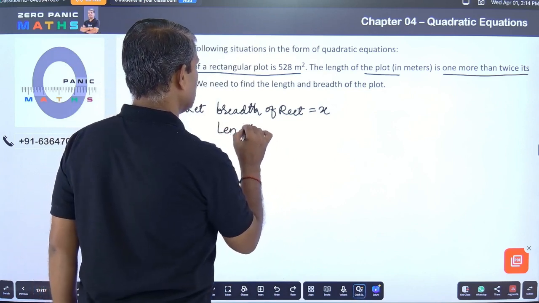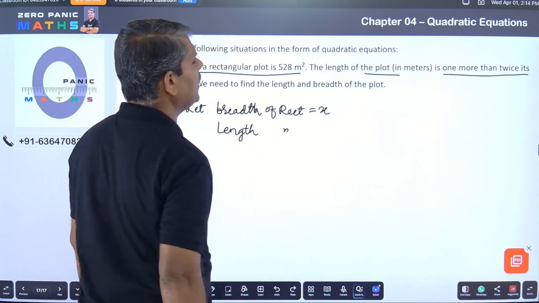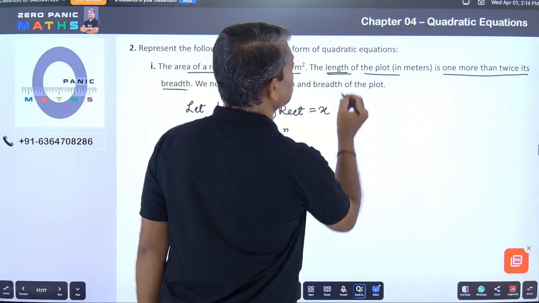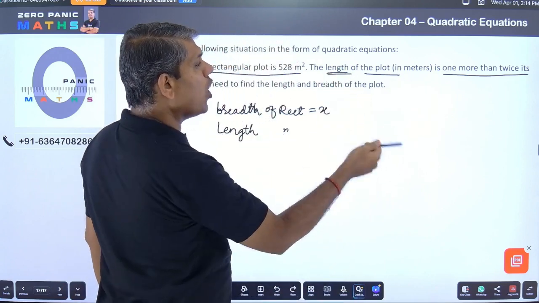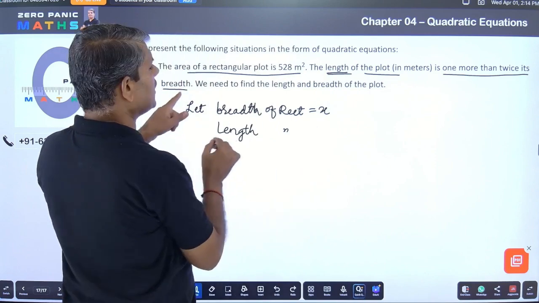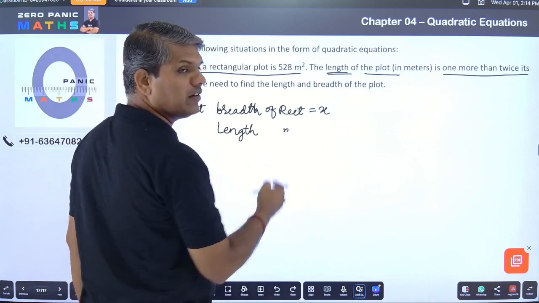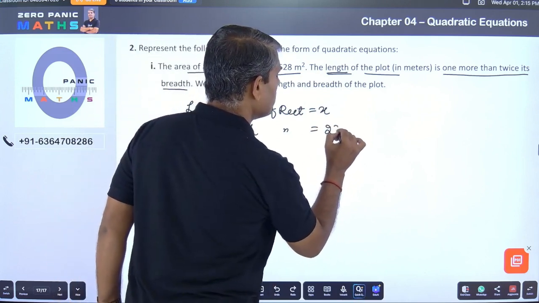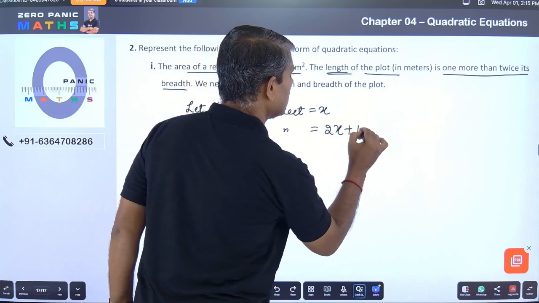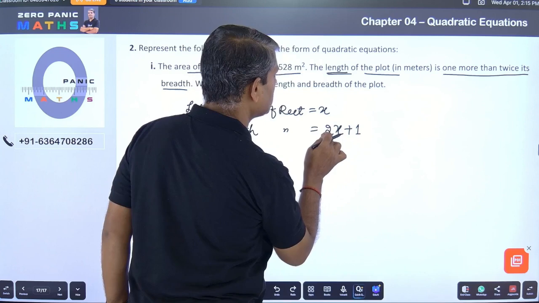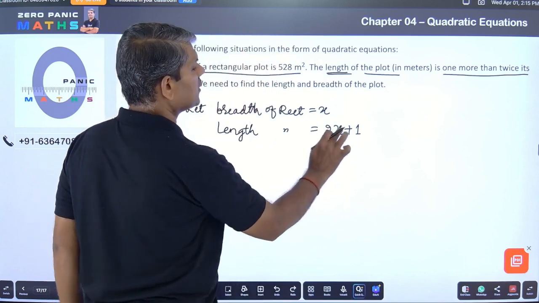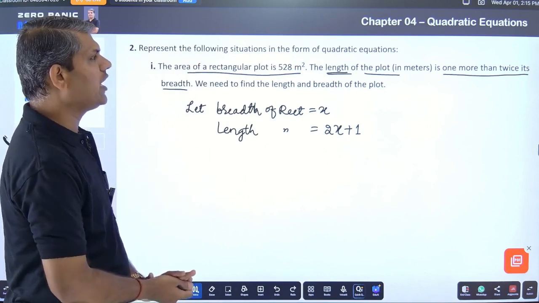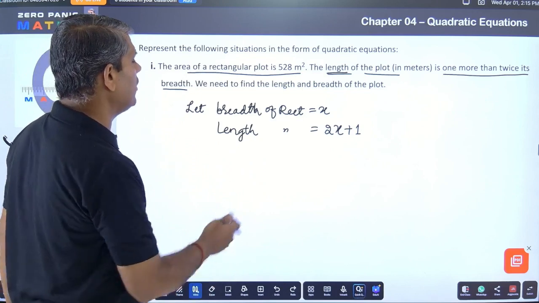Now if you come to the length of the rectangle, what they are saying is that the length is one more than twice its breadth. So breadth we are considering as x, so twice the breadth plus 1, that is one more than twice its breadth, is equal to the length of the rectangle. I think you understood this clearly because we have discussed this problem previously.